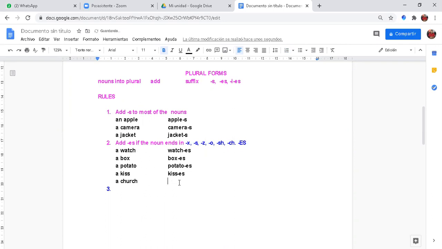Churches. So what are we using? Depending on the ending, we are using es.